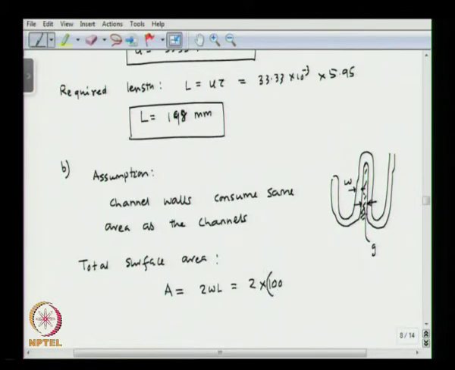So, we are calculating in micron. So, this is 100 micron into length is 198 into 10 to the power 3 micron. So, the area is 3.96 into 10 to the power 7 micron square. Okay.